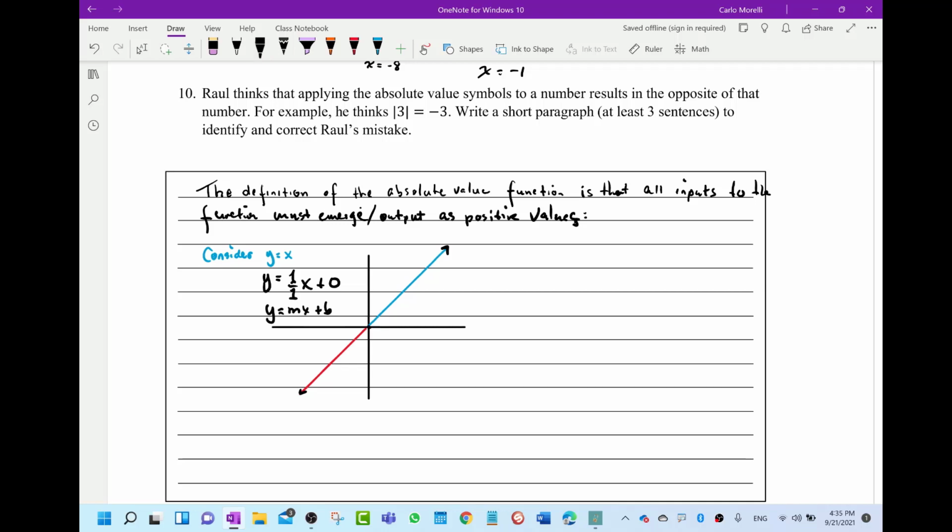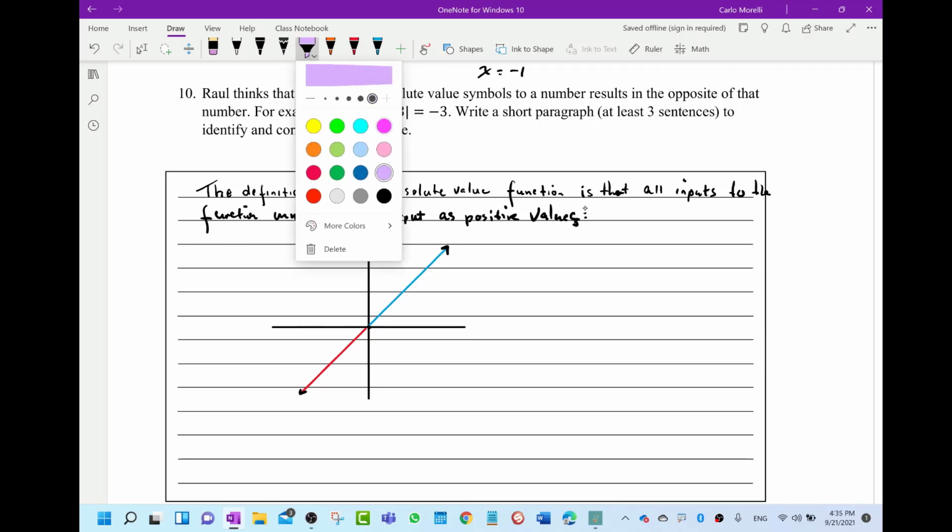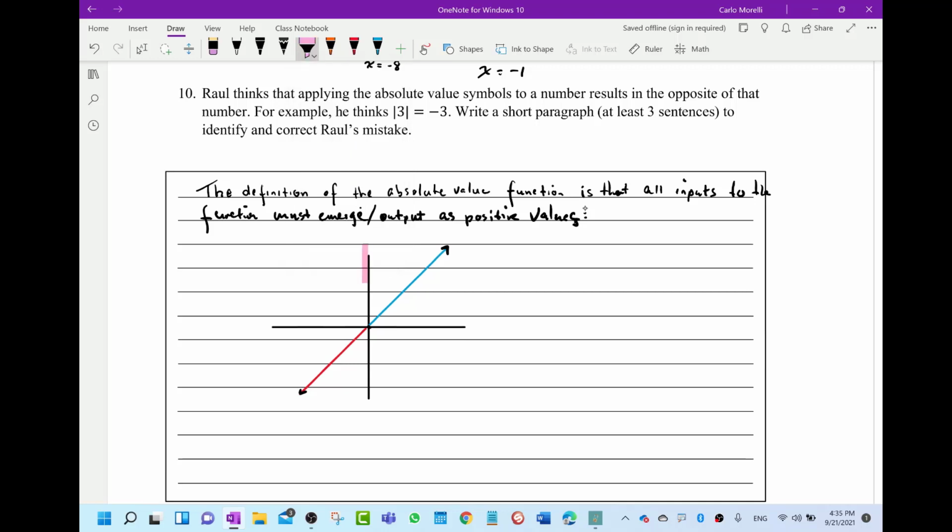So what you tell them is you say, look, whenever you get into this negative territory, which is actually all of this, I would draw. I wouldn't talk. I'd say, look, bro, anything here, all of this going forever, infinity, and here, this has to be flipped. You have to flip it in this region, because now x is negative.